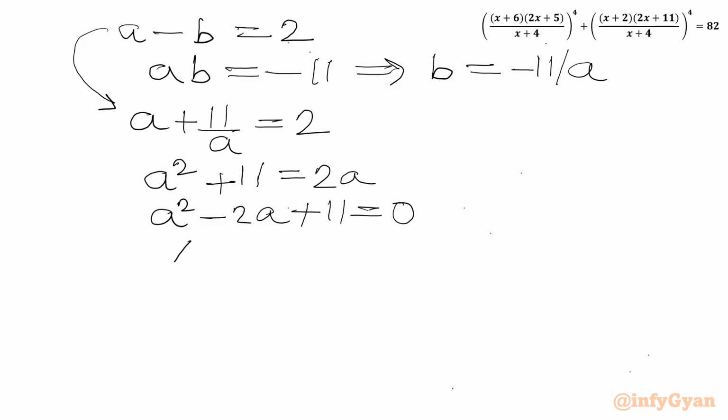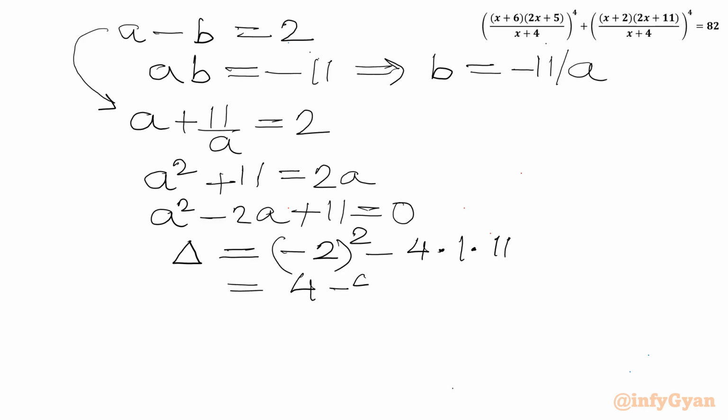Now I'll only check discriminant. B square minus 4AC. So minus 2 is square minus 4 times 1 times 11. It will give us 4 minus 44, which is negative 40.